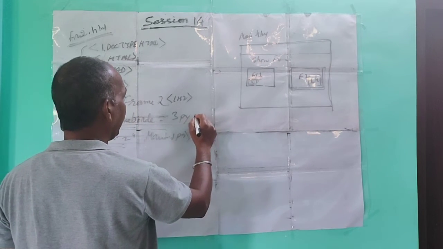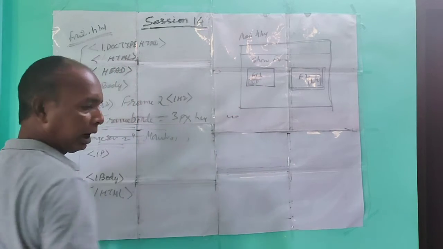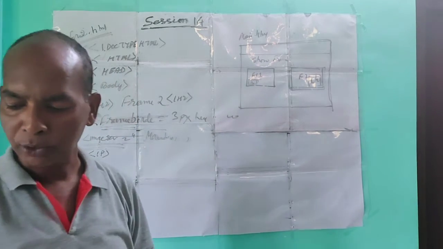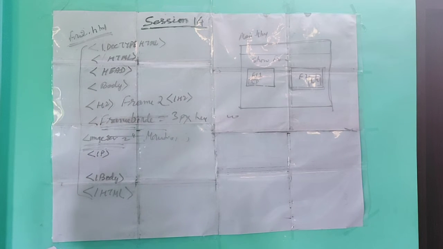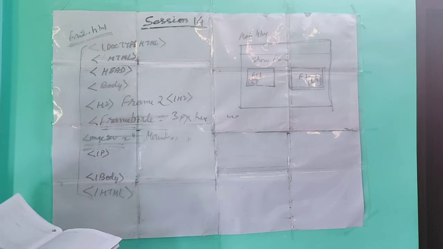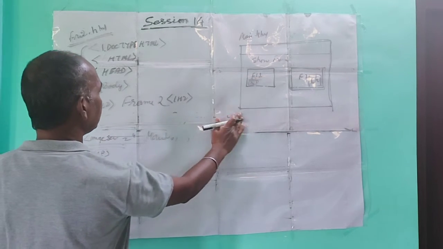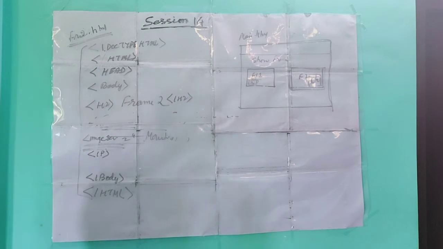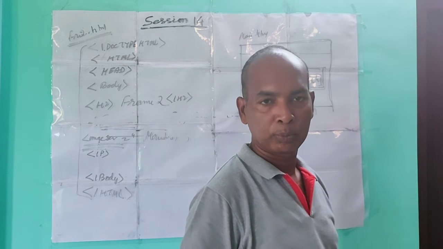You can give height, width. You can also change the height and width in the first document. You can change the color, the background, and the size of the frame.